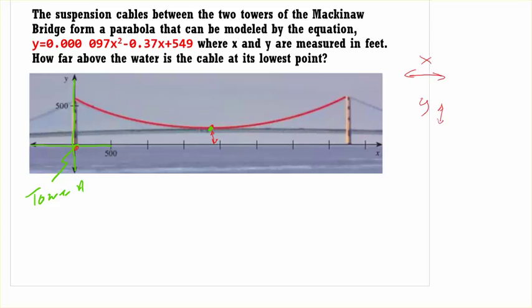So at any point on this cable, we can calculate how far from the water line that cable is. So this point is, in essence, the closest to the water. So we're going to use minus b over 2a, and that's going to give us x.